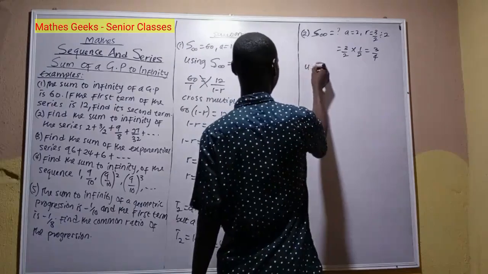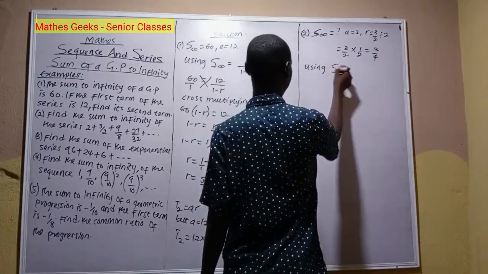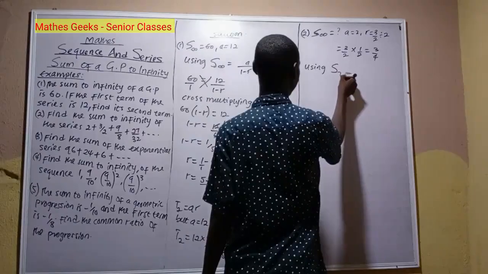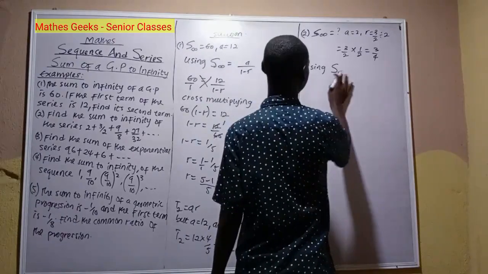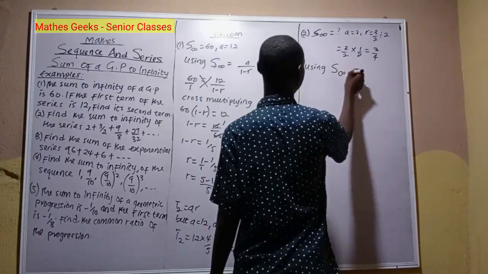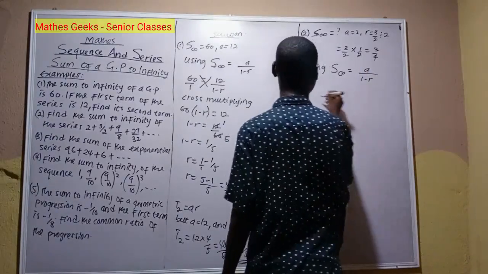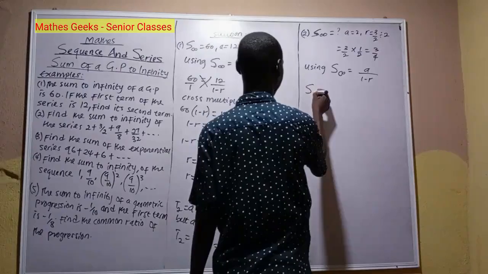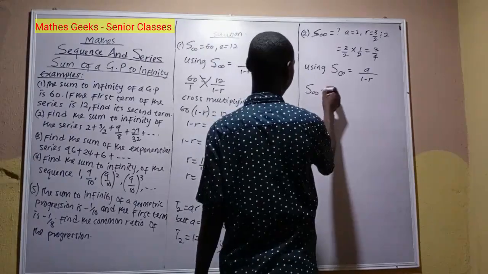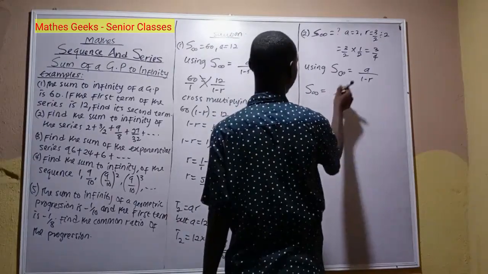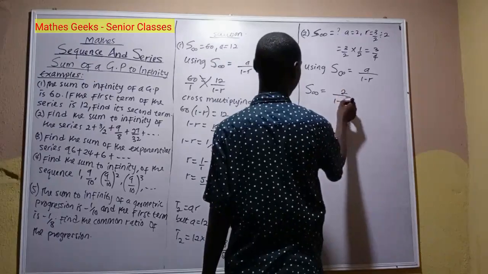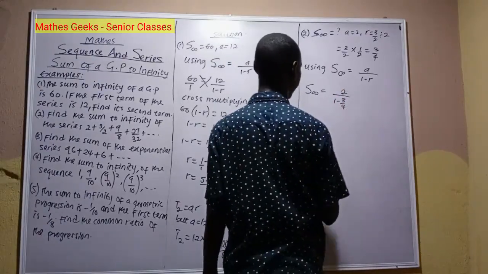So using S infinity is equal to a over 1 minus r. S infinity is the first term, which is 2, over 1 minus 3 over 4.